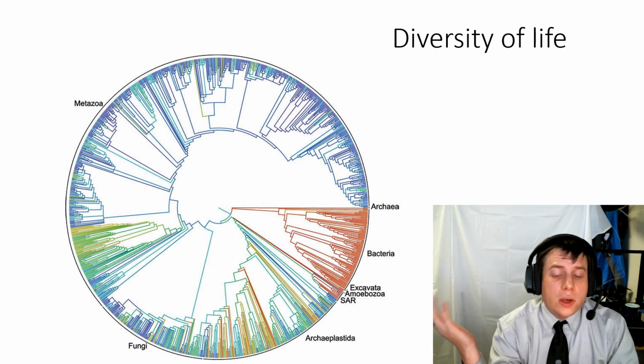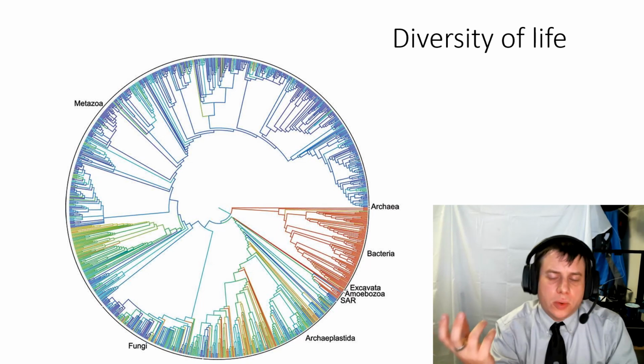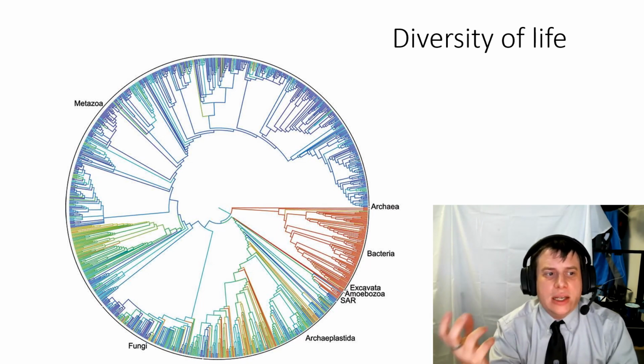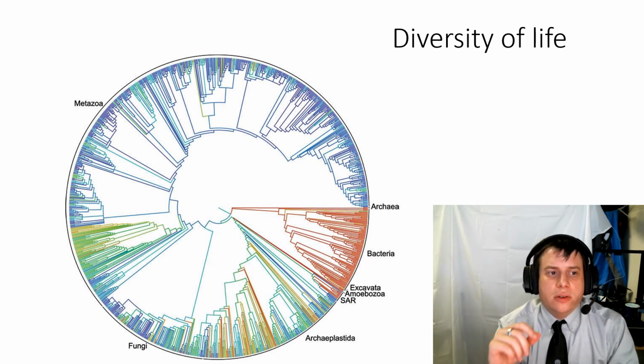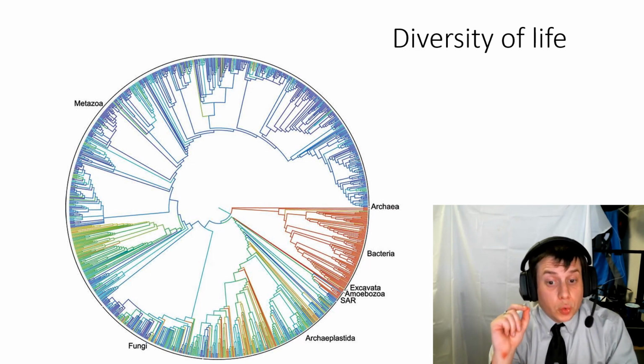So when you look at this giant wheel, I hope that you guys kind of get an idea of how many different groups there are on the planet. We can't go through all of them in this class, unfortunately, but I want you guys to have an idea that this representation of it doesn't even get down to the level of individual species. It just gets down to the level of groups.